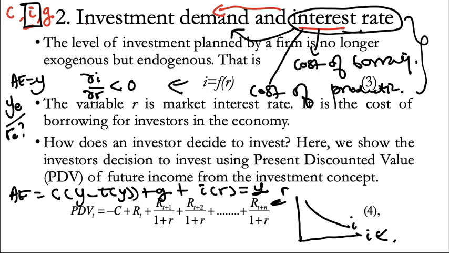So what I'm going to analyze here is only the first segment of the analysis of equilibrium income and interest rate, which is the IS schedule or curve.